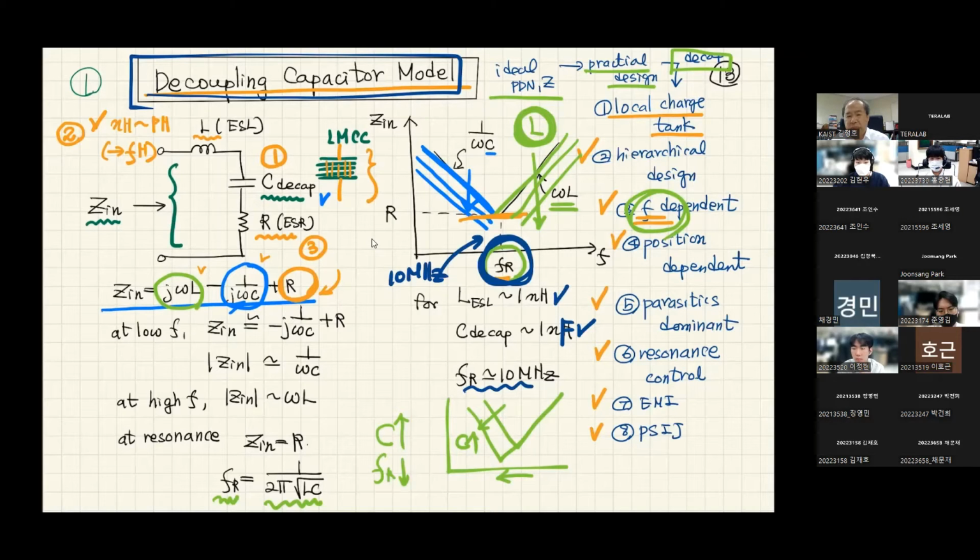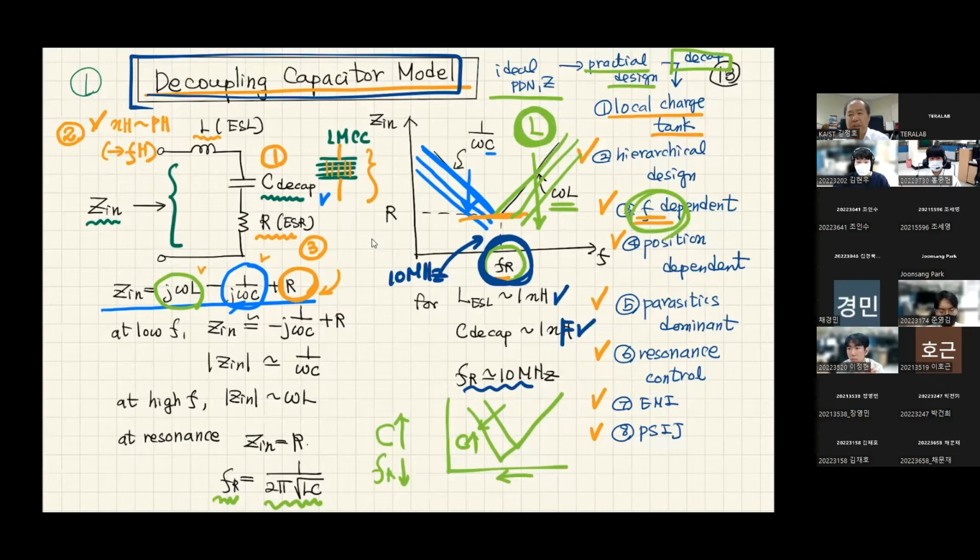At this moment, I'm saying that decoupling capacitors are one solution to supply high frequency fast switching current, and I'm explaining the equivalent circuit model. And number three, I'm giving you some limitations and challenges of the decoupling capacitor.